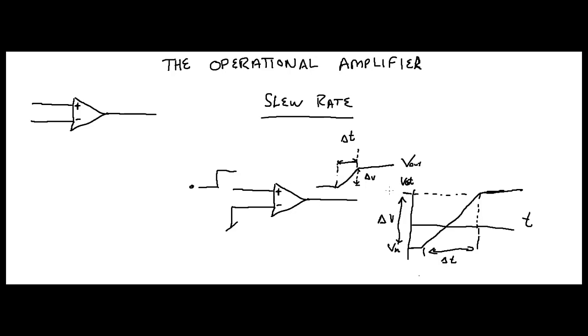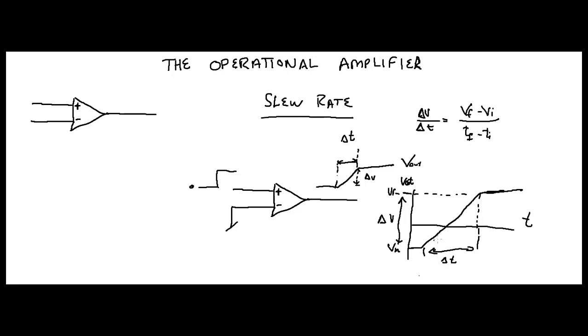Delta V. Let's call this V final. So if you look at your delta voltage divided by your change in time, what's it going to be? It's going to be V final minus V initial divided by, I guess you can call it, your time final minus your time initial.